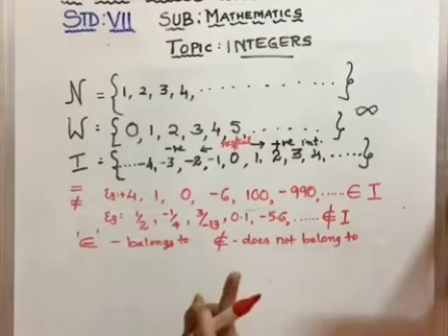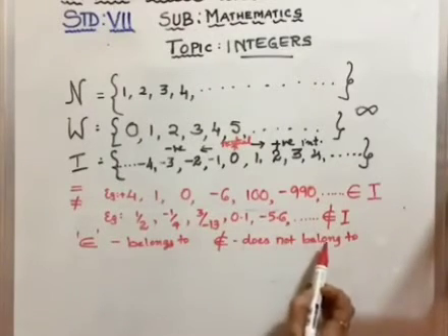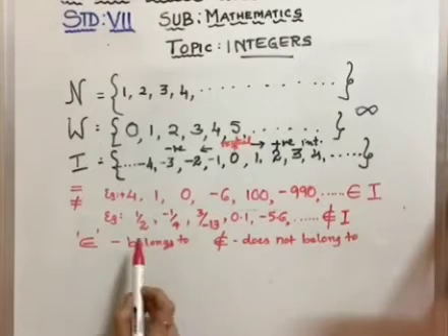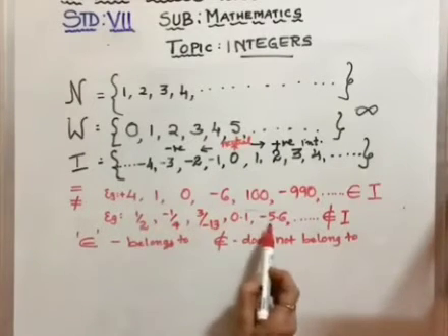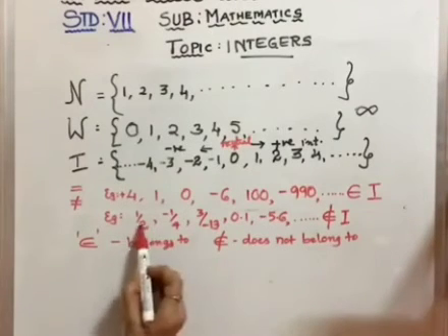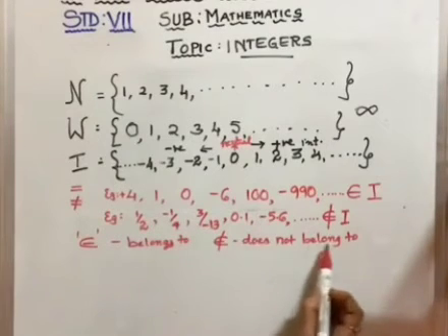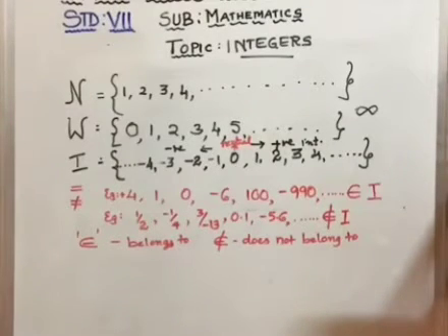If you are talking about a single integer, then we say 1 does not belong to. If you are meaning a group, say half and these numbers, then you say do not belong to. Half does not belong to. All these do not belong to. Did you all understand?